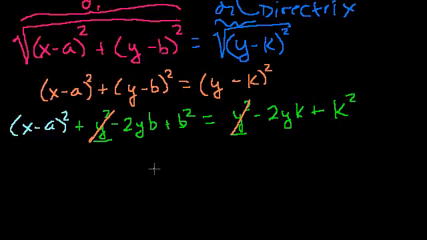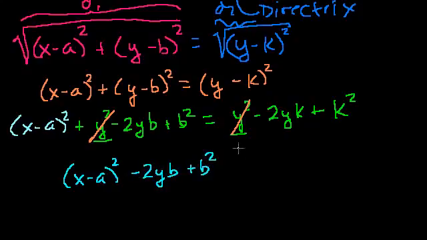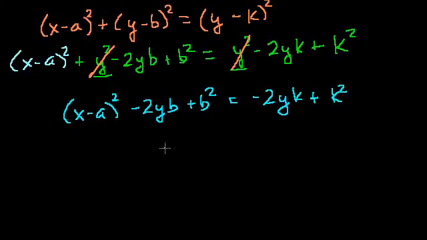So let's clean this up and make sure we can get it in a form that we normally associate with a parabola. I'll just rewrite it: x minus a squared minus 2yb plus b squared is equal to minus 2yk plus k squared. Now what can we do? Let's take all the y's and the constants on one side of the equation. So we move both of these terms onto the right-hand side.